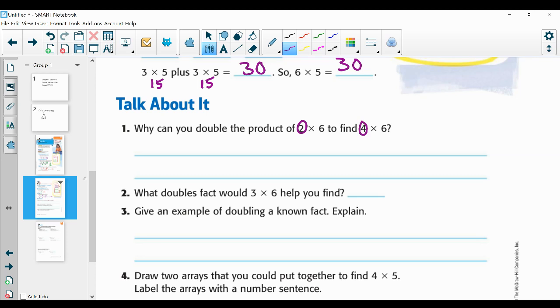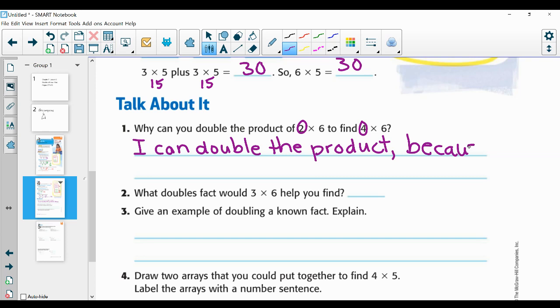So I can double the product, comma, because 4 decomposes into 2 plus 2.